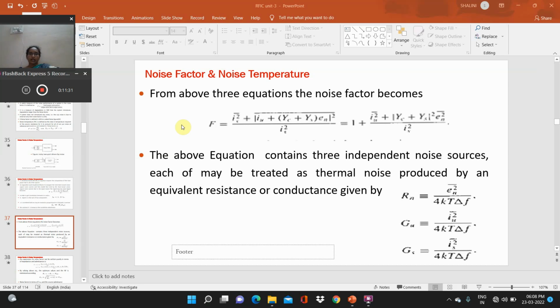The above equation contains three independent noise sources. Each may be treated as thermal noise produced by an equivalent resistance or conductance given by the equations, that is, R_n is equal to E_n square by 4 kT delta f, G_n is equal to I_n square by 4 kT into delta f, G_s is equal to I_s square by 4 kT delta f.